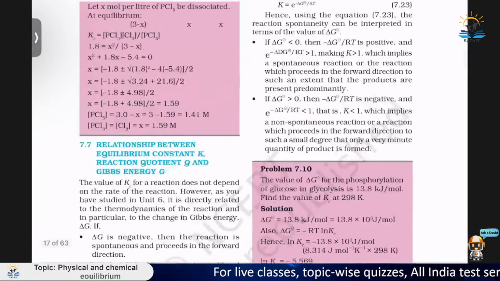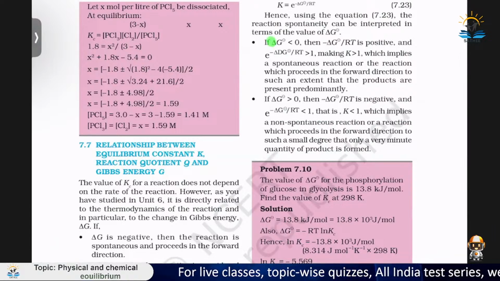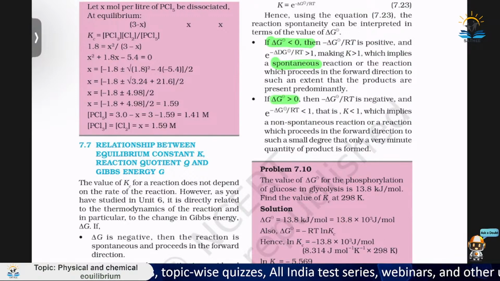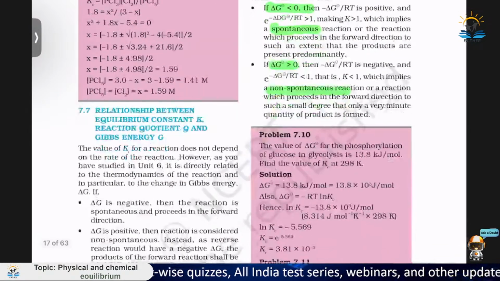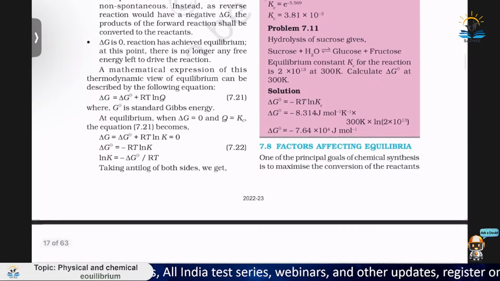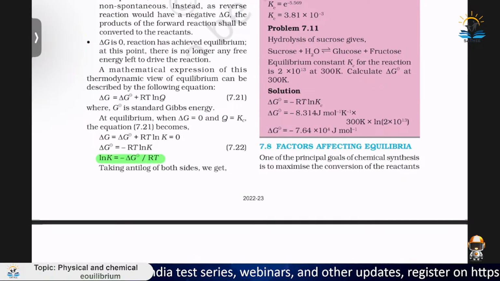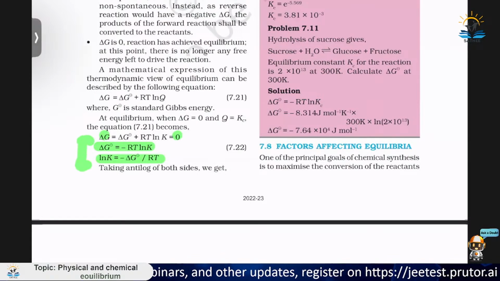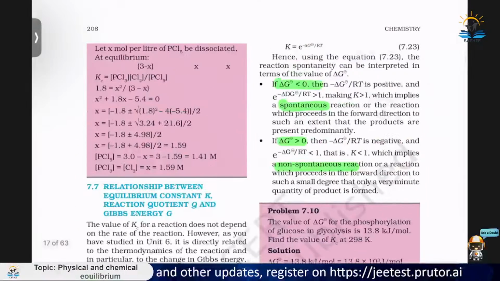So if delta G is negative, then it is spontaneous. If delta G naught is positive, it is a non-spontaneous reaction. Why? Because delta G is 0 at equilibrium, and we get these two equations which we should remember.